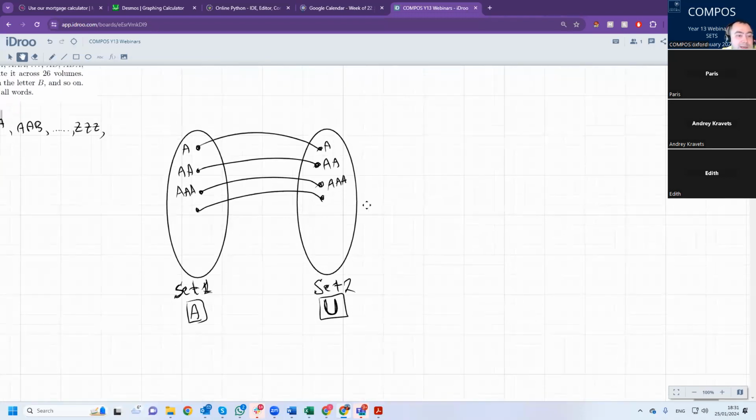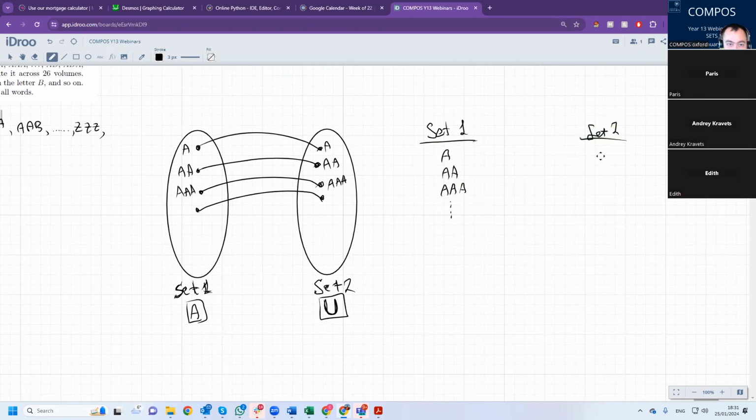So let's write them out for set 1. So set 1 we have all the A's, obviously, AA, AAA, etc. Set 2, we still have the A, AA, AAA.